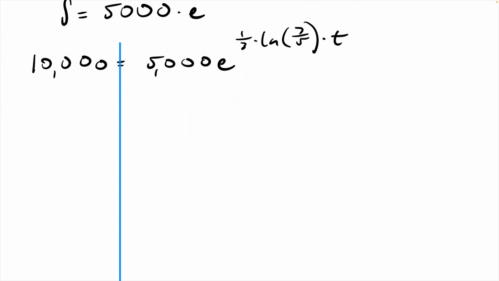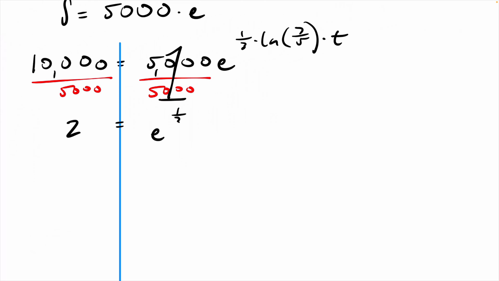What do I do first? Divide by 5,000. 10,000 divided by 5,000, it's 2. So it's going to be 2 equals E to the 1/3 times natural log 7 over 5 times t.